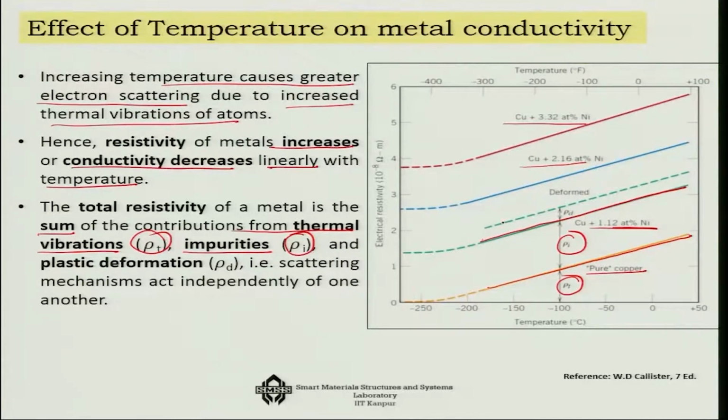If you further deform the same material, the resistivity will further increase, and that is the rho D. So, basically total resistivity is the sum of rho T, the resistivity due to thermal vibration, rho I, the resistivity due to impurities, and rho D, the resistivity due to plastic deformation. These are three different things, and they can act independently of one another. That is a very important thing we have to keep in our mind.